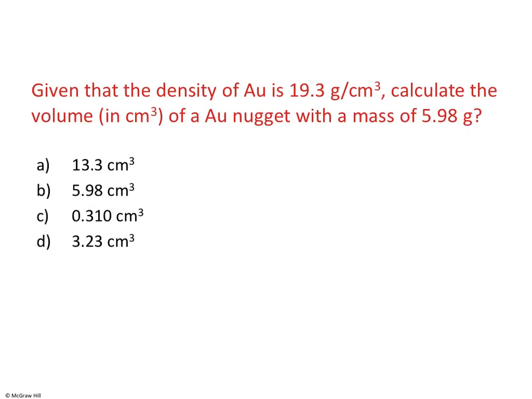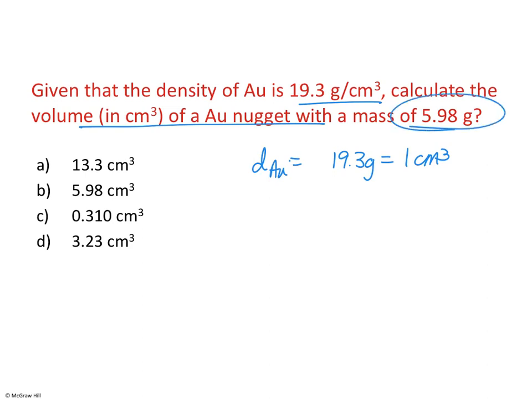Okay, so this is an example of that problem where the density of gold is 19.3 grams, and then you make that a conversion factor equal 1 centimeter cubed. And so here's your starting 5.98 grams. You put grams on bottom because that's a number with a unit.